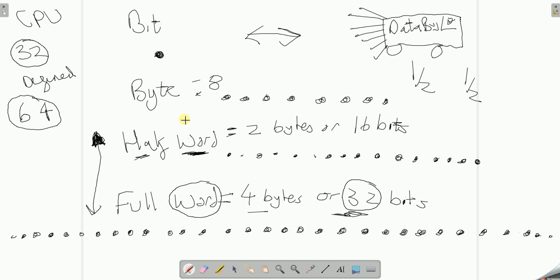So I'm going to say it again. There's an agreed length of a word, a defined length, and that's important because it helps the CPU group the defined amount to the databus. If it kept changing, the databus wouldn't be able to keep up. So the databus can fit, in this scenario, 32. That's agreed.